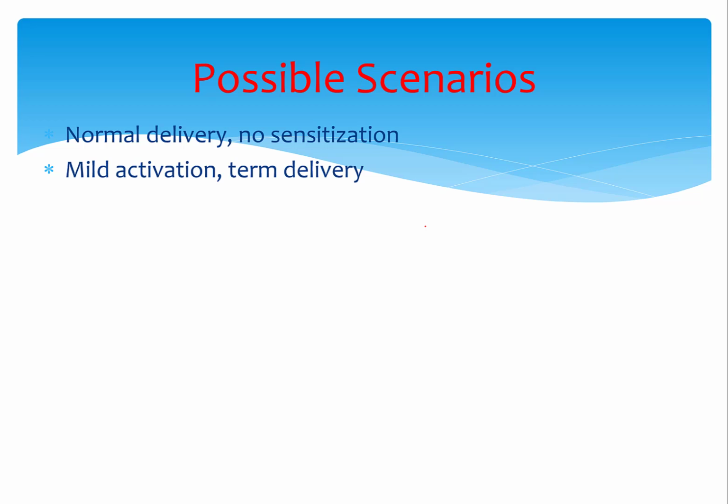Mother will be producing IgM antibodies, and second exposure again triggers a second wave of IgG, but the amount of antibodies produced by the mother are low, so mild activation. There will be hemolysis, but the baby can cope. Baby's hemopoietic system can cope with the lost red cells, so it will go on till term.